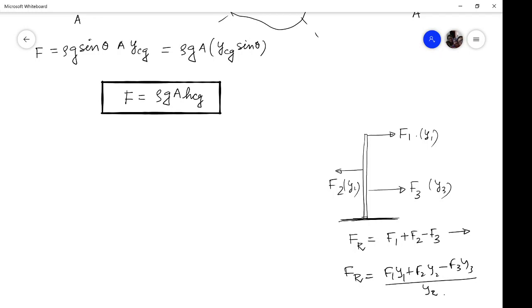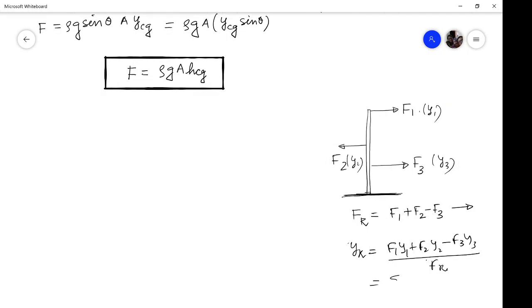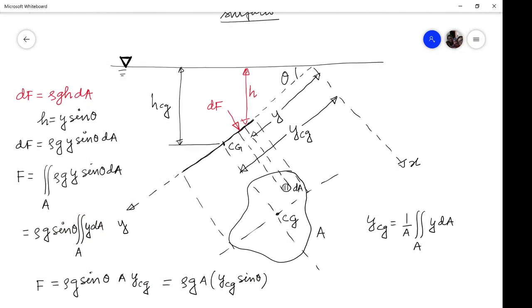So the position of this resultant force, that is y resultant, will be given by this, or in other words, this is nothing but sigma F y by F resultant. Now these are single forces acting at a point. So if a continuous force is acting and that is varying, then you have to write it as an integral of y. That is what we are going to do here. So this is the area, and the force acting on this area is dF.